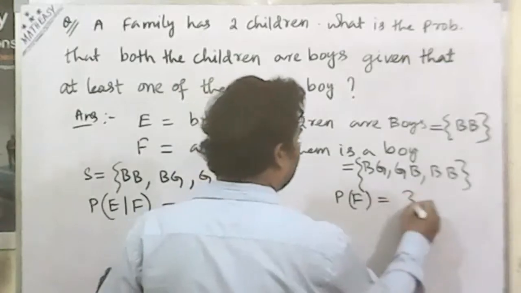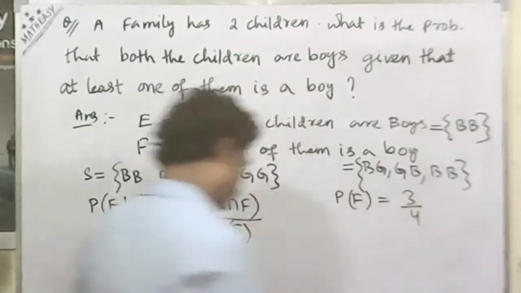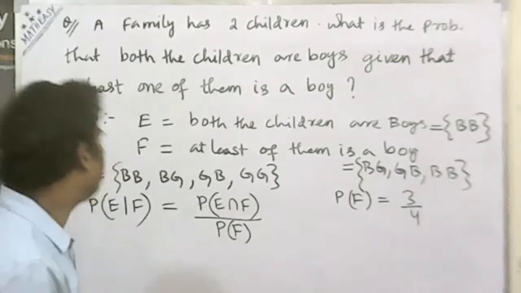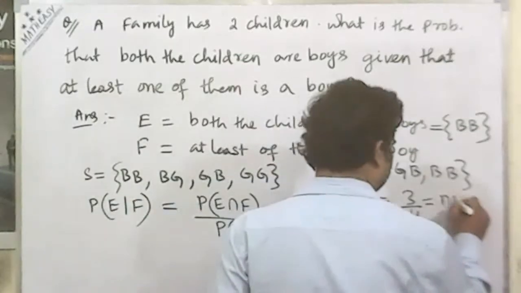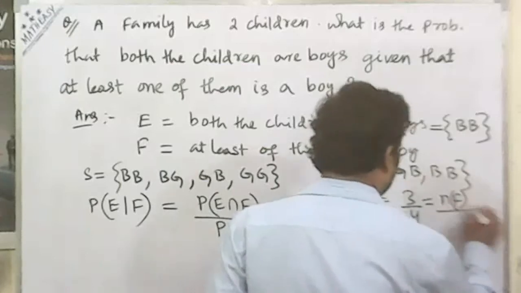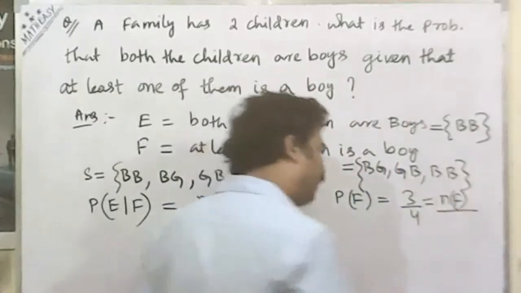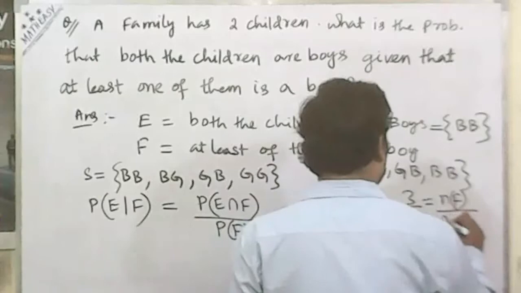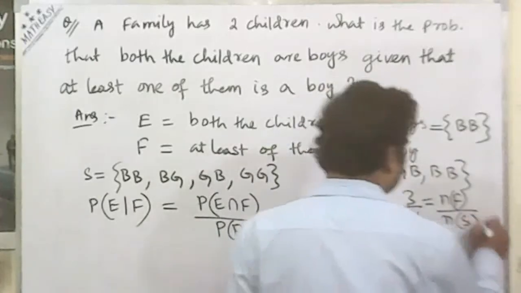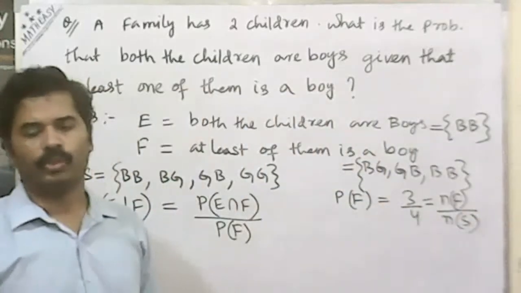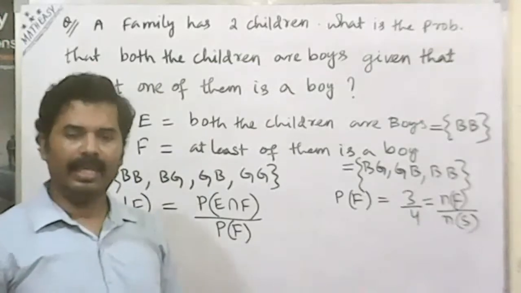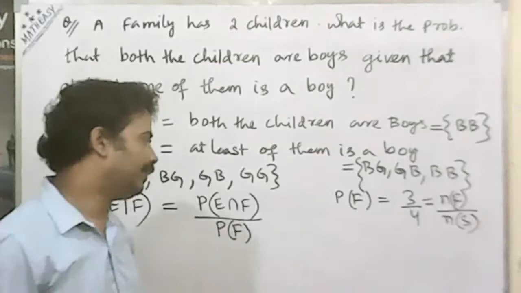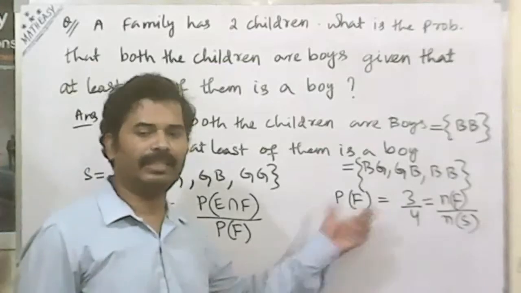That is equal to 3 by total 4. Probability of F means the number of elements of the event F divided by the number of elements present in the sample space. That is 3 by 4.